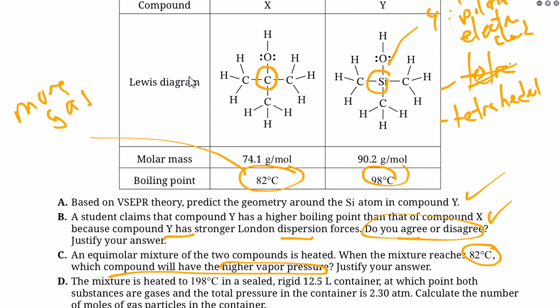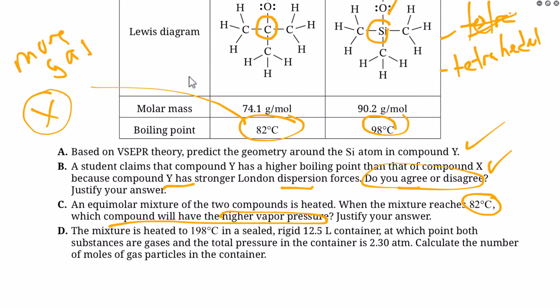And so as a result, because it's going to have more molecules of gas, it will exert the higher vapor pressure. So we're going to say compound X for the aforementioned reasons that it boils at 82 degrees Celsius. And because it boils at 82 degrees Celsius, it will more readily become a gas than compound Y, and as a result have more gas molecules and have a higher vapor pressure.